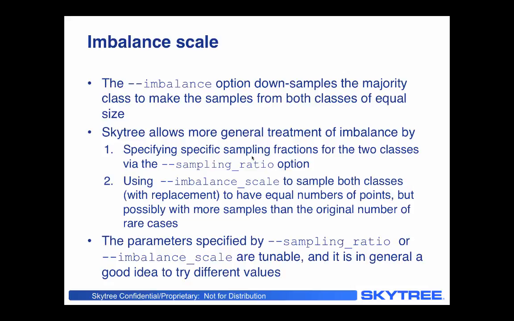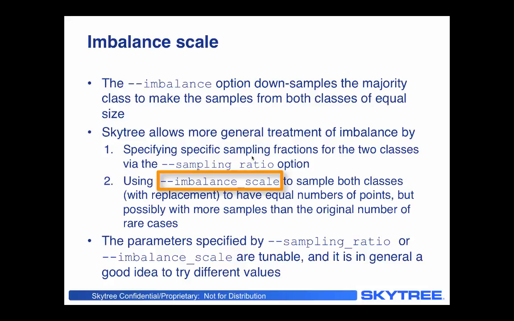For example, if you want to downsample the majority class by a factor of 100, say, and upsample the minority class, so by upsampling, of course, we mean sampling with replacement. Say we want to do that by a factor of 2, you would specify the appropriate sampling ratios for the two classes using this option.